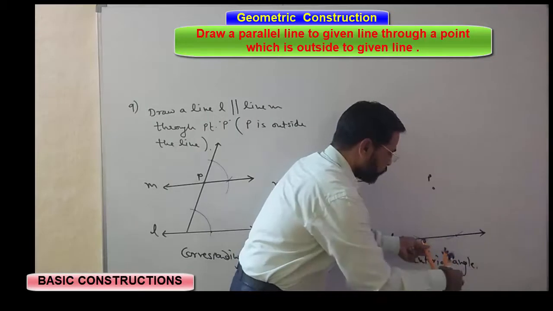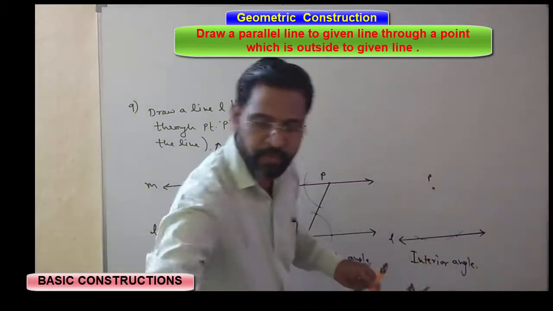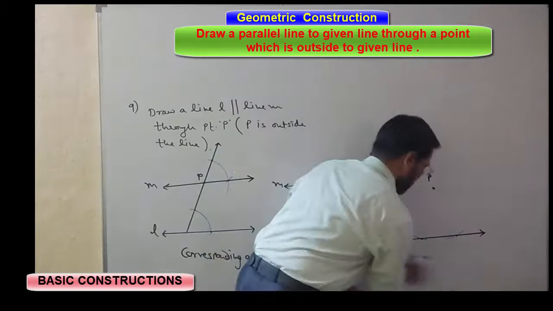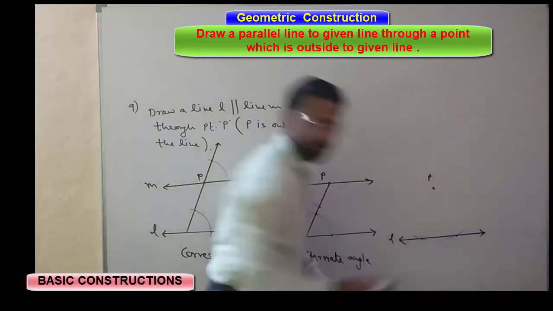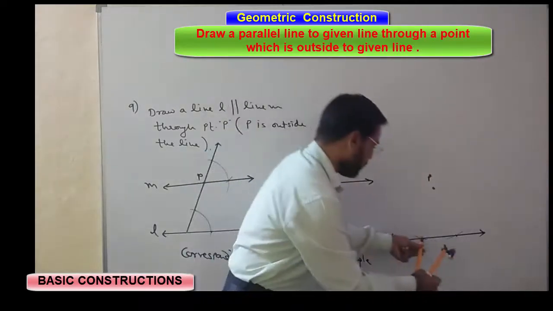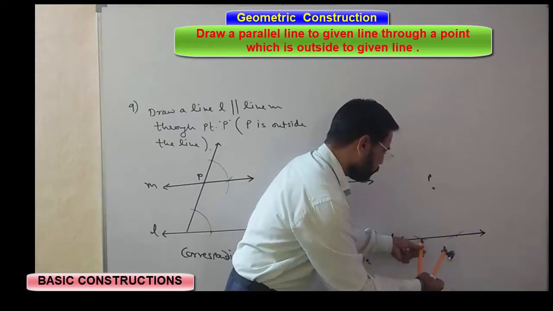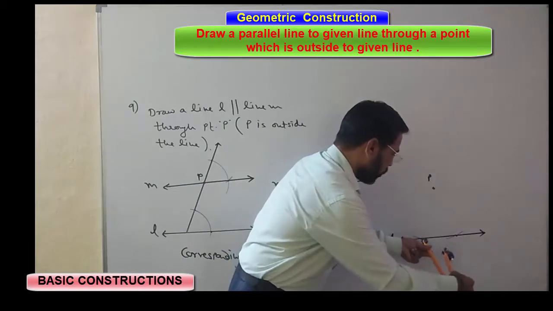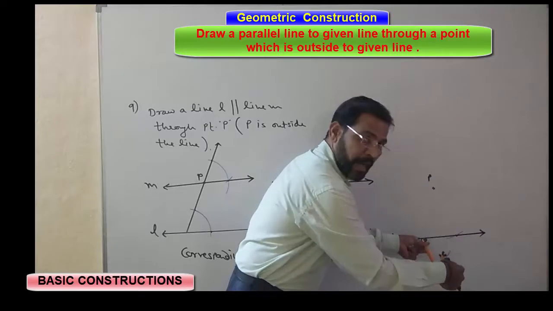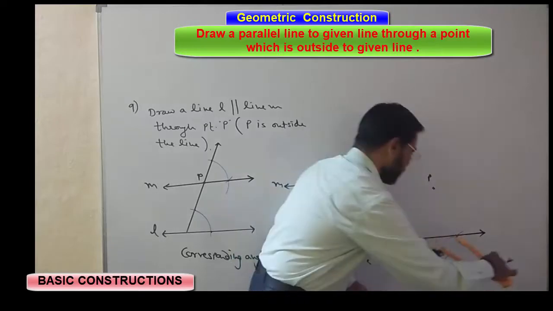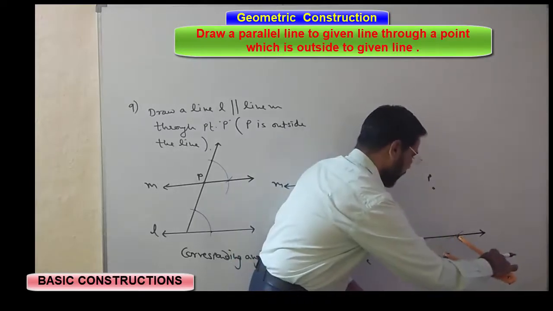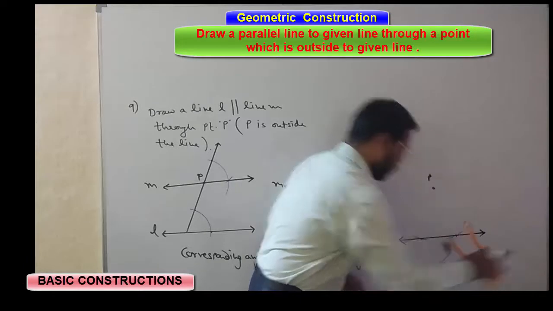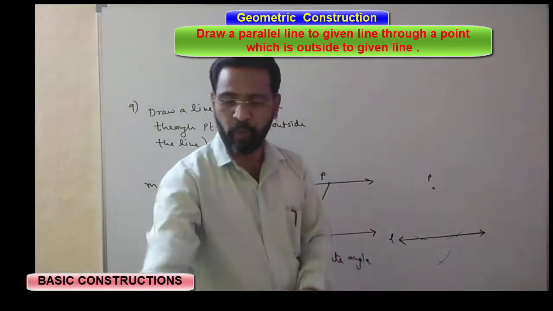Okay, now that should be here. I'll just rub this part. Okay, now look here, from this particular point to the downside, I'll draw one arc here. Again from this way also, I'll draw that arc here. Okay, this is the intersecting point.